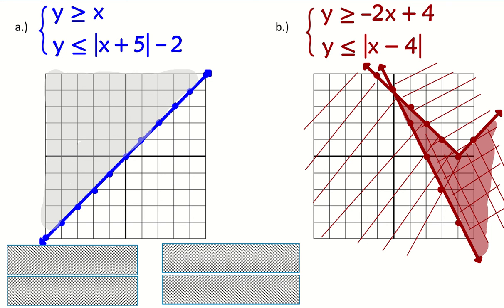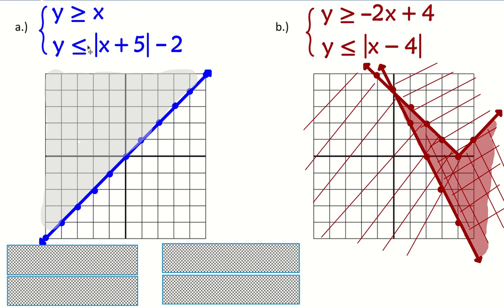Now the other one is a V. If you paused the video and did this on your own already, and did it correctly, you probably did it by knowing that this is the same as the original parent graph, except to the left 5 spaces and down 2 spaces.